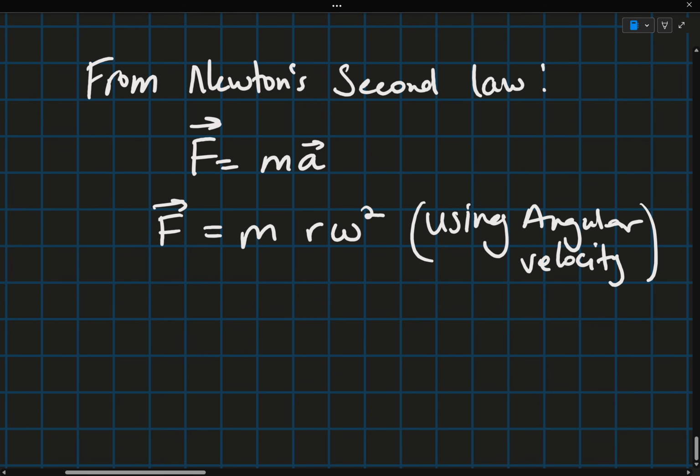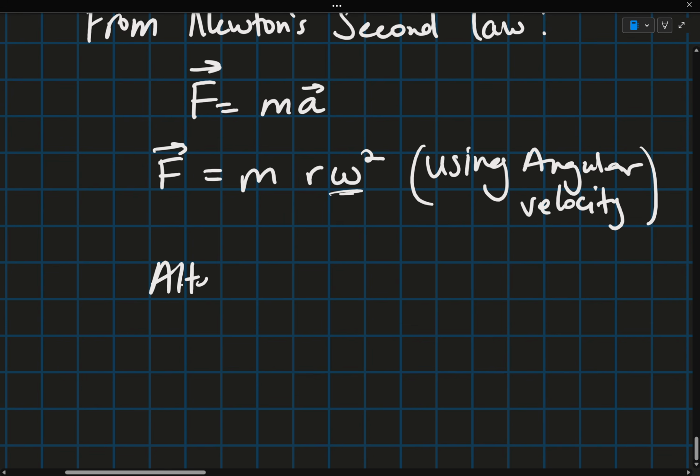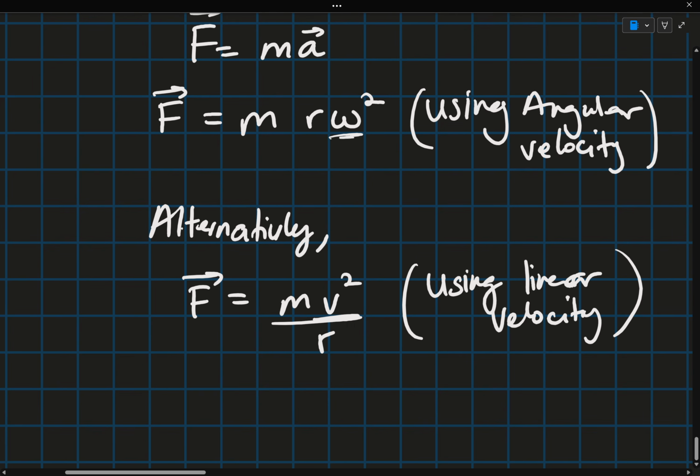But alternatively, we could have F is equal to mv squared over r, and this is when we're using linear velocity. All right, so we have that there.